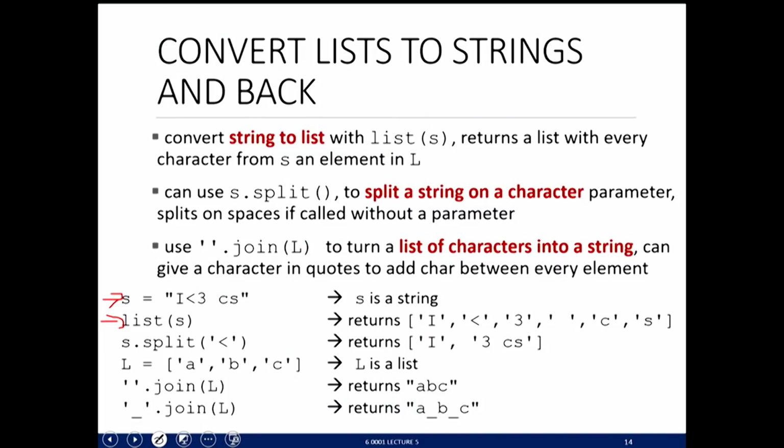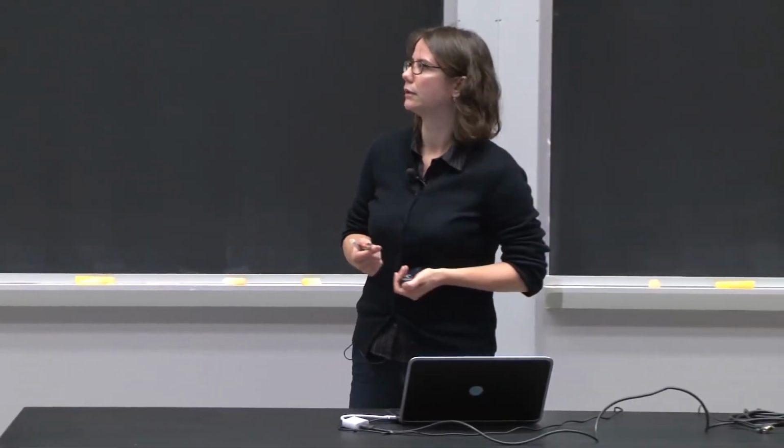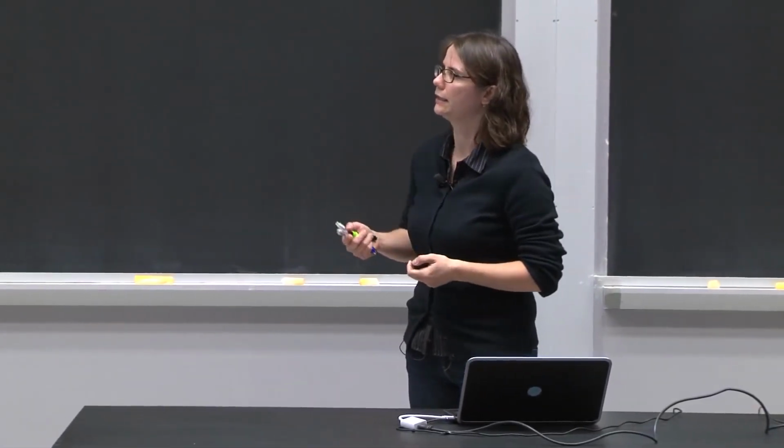In this case, I've split over the less than sign, but again, if you're doing the sentence example, you might want to split on a space. This is going to take everything in between the sign that you're interested in, in this case the less than sign, and set it as a separate element in the list.